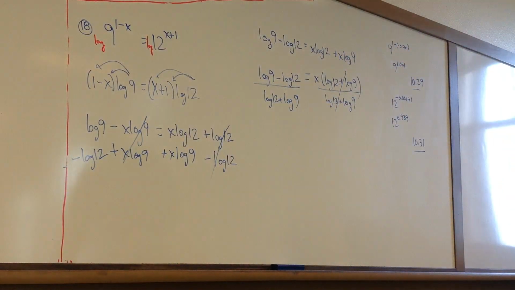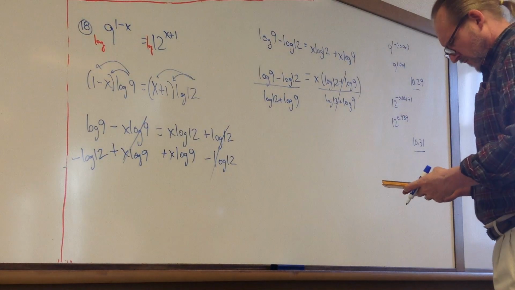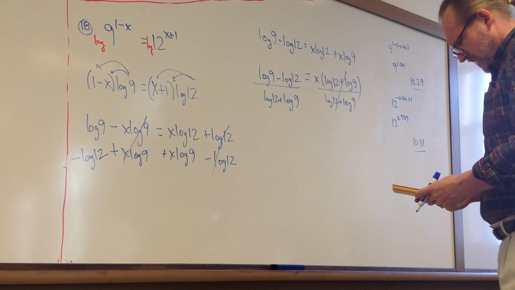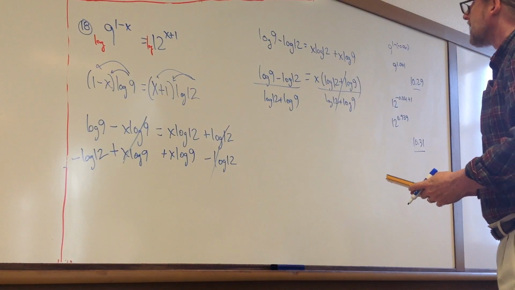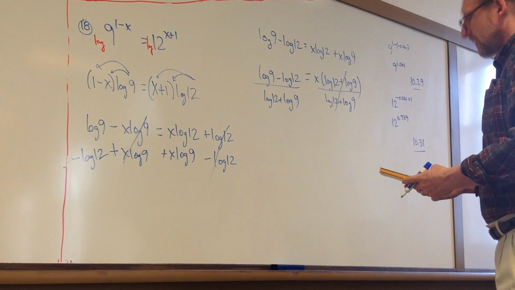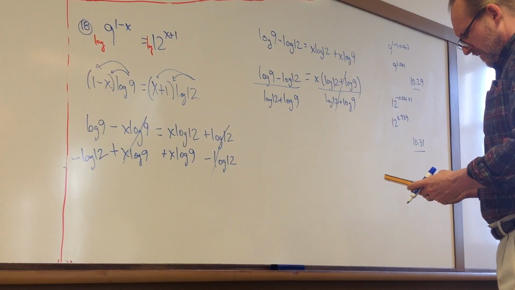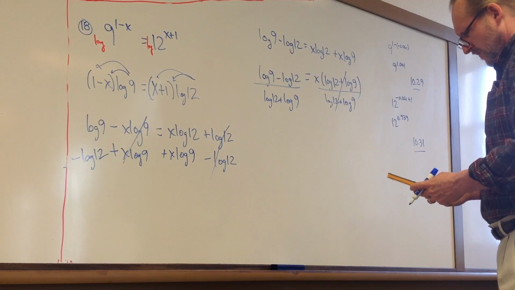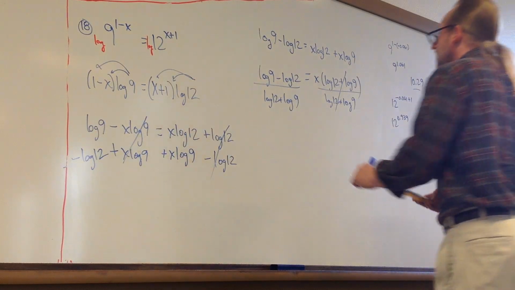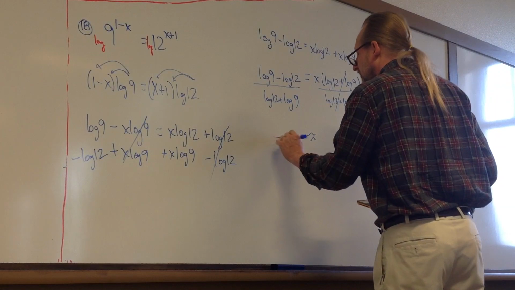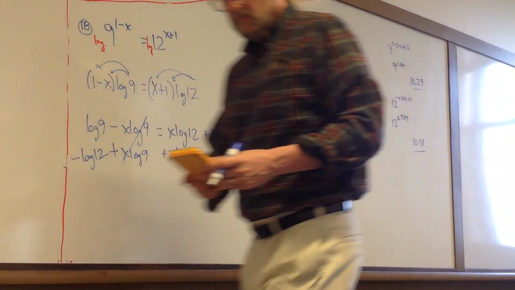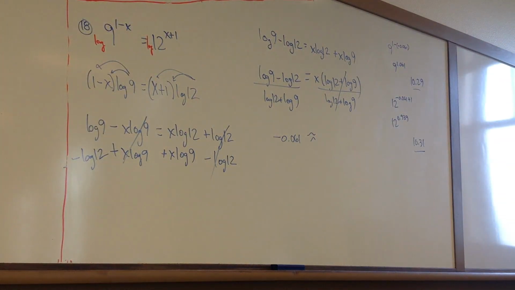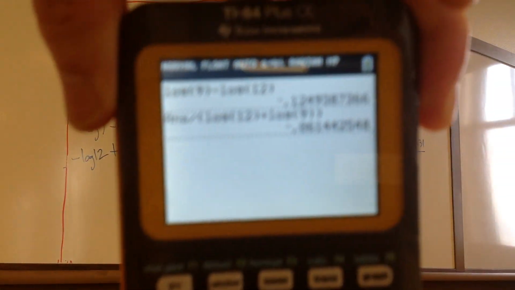Let's look at what that approximation looks like on the calculator. Let's see here. Log 9 minus log 12. And then we want to divide that by parentheses log 12 plus log 9. Still get negative 0.061. Okay, let's see. And there's the approximation there.